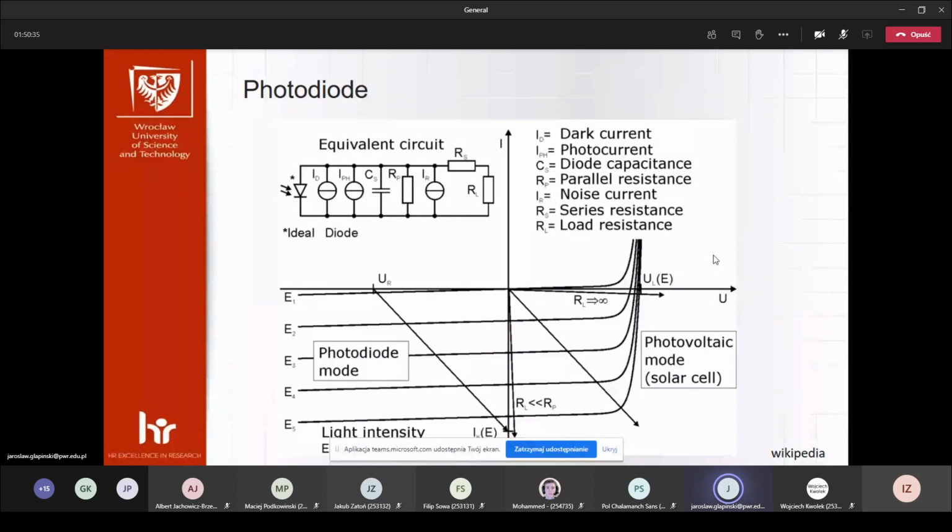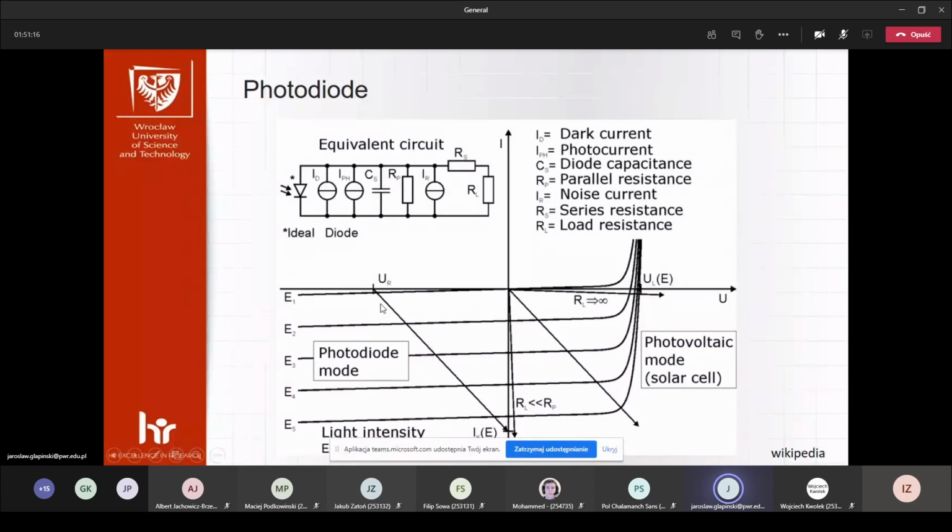In photovoltaic mode, if we have no current, so the circuit is open, we can measure the voltage. In photodiode mode, if the system is polarized in the negative direction, the change of current corresponds to the amount of light.